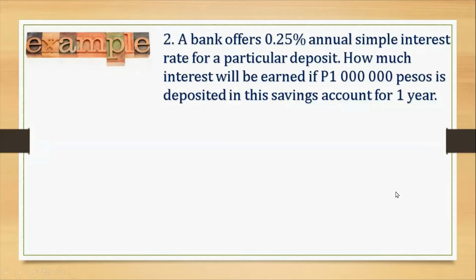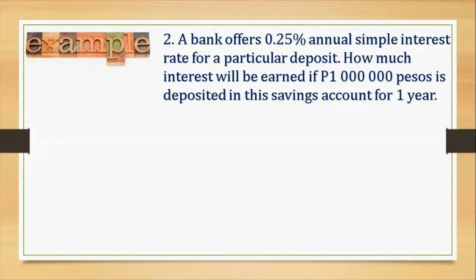Example number 2, given a problem. Okay, let's situate the problem carefully before you jump to its formula. Let's read it carefully. A bank offers 0.25% annual simple interest rate for a particular deposit.